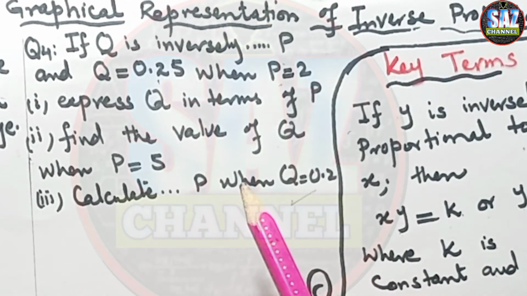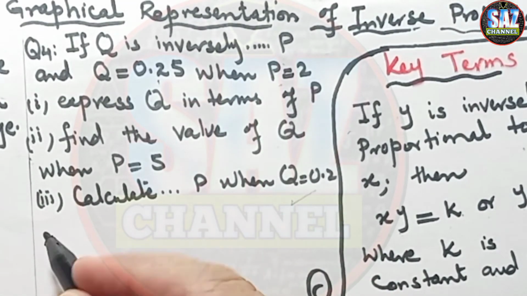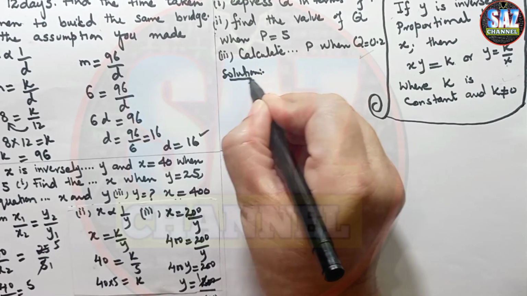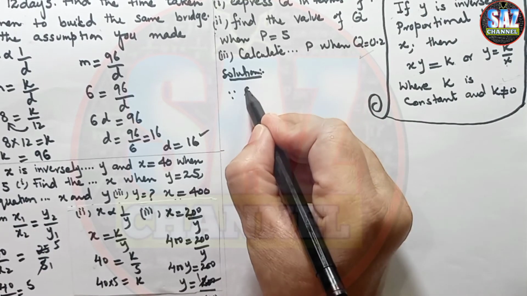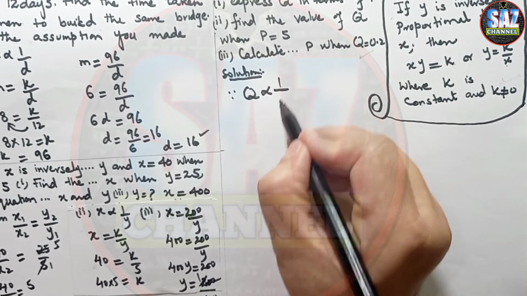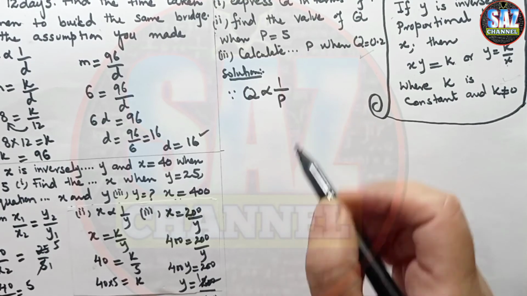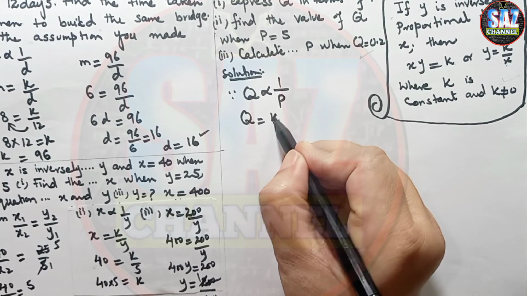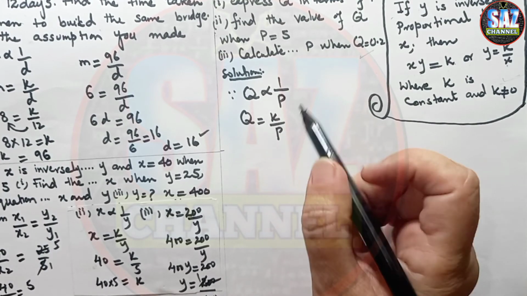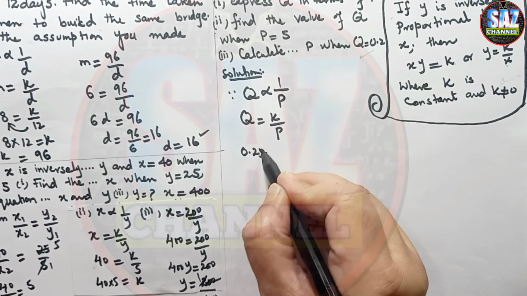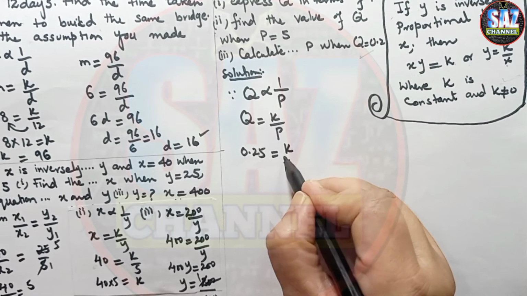As it is written that q is inversely proportional to p, we write q is proportional to 1 over p, or q equals k times 1 over p, and the value of q is 0.25 when p equals 2.